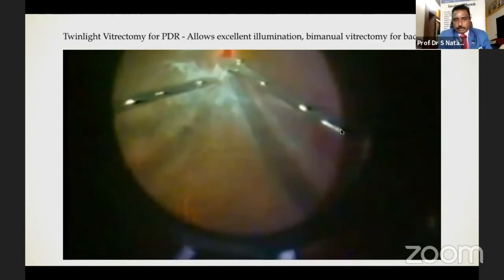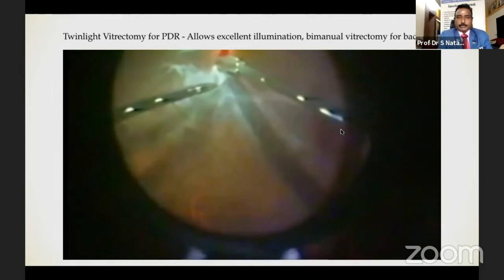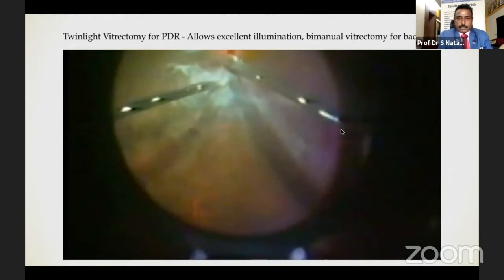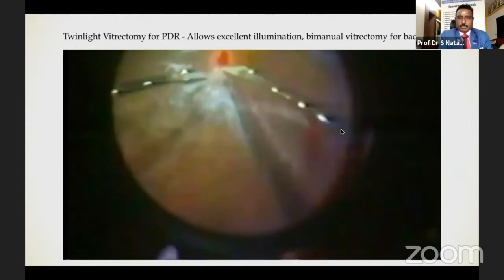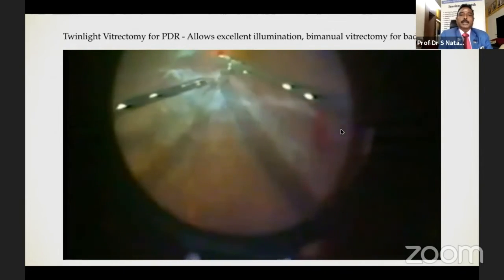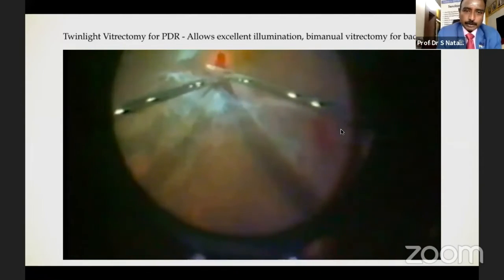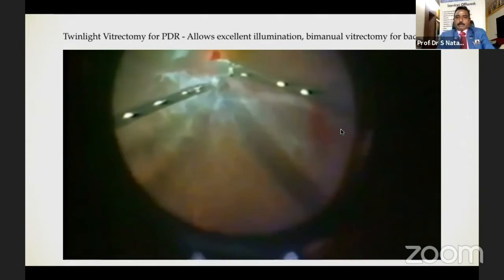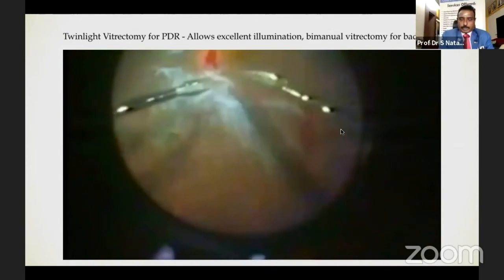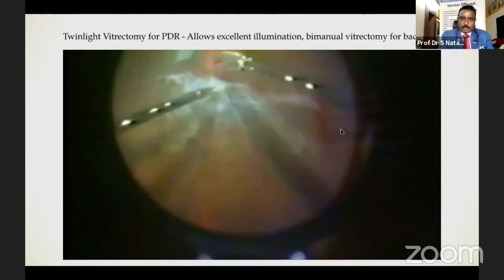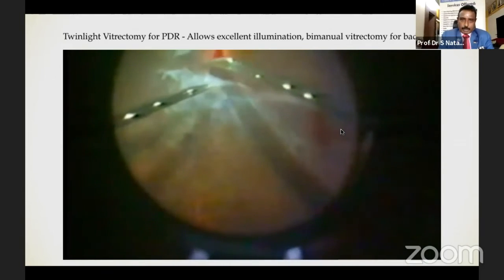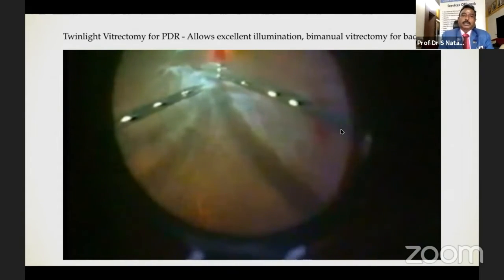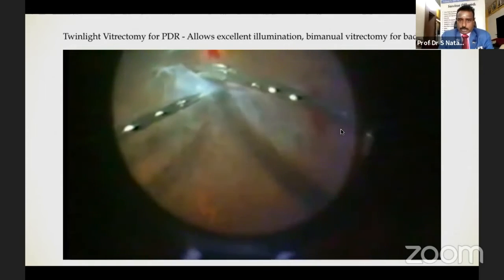And every time, even though it looks like fibrous tissue, in fact there's some vascular element, because of the long-standing fibrovascular proliferation, which can give rise to oozing. And in these sort of eyes, if you use anti-VEGF pre-op, there is a risk of traction increasing and producing a problem. So you can avoid anti-VEGF in these sort of eyes, and you can use the surgical maneuver to remove the membrane.